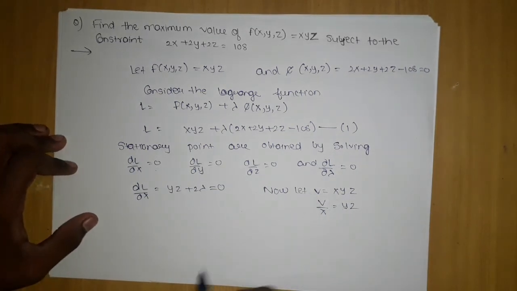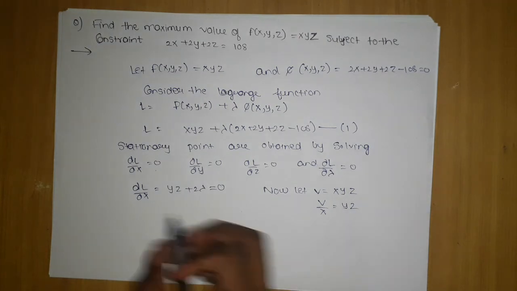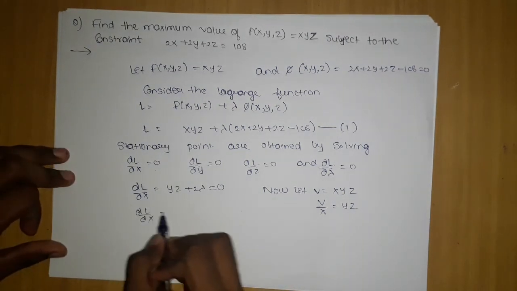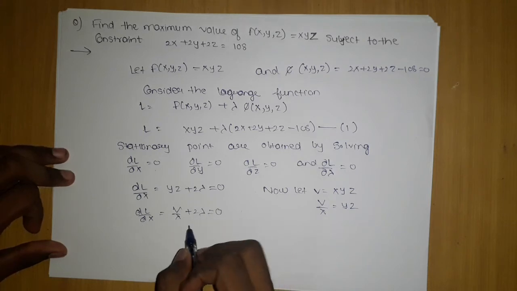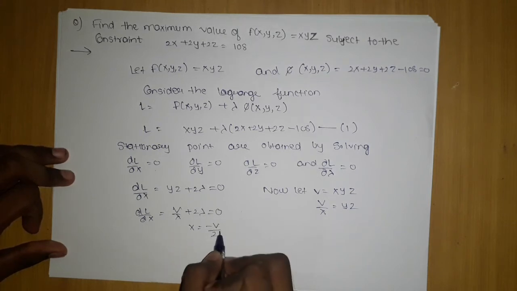So dou L by dou x equals v by x plus 2 lambda equals 0. So I can get my x value as minus v by 2 lambda.